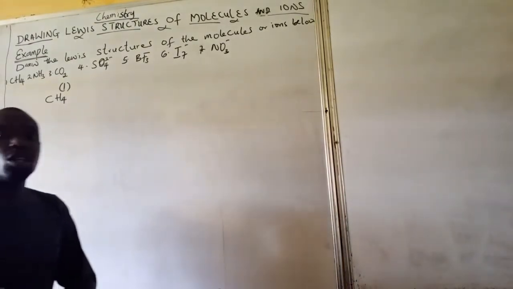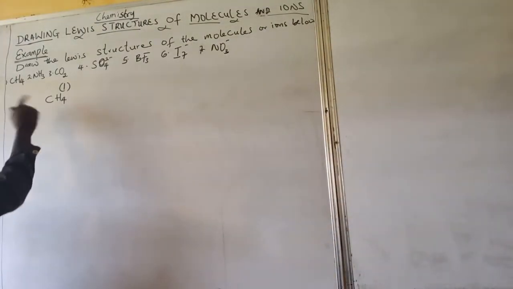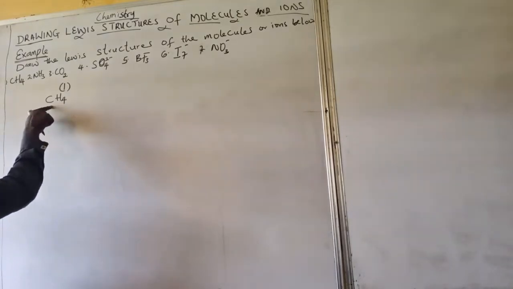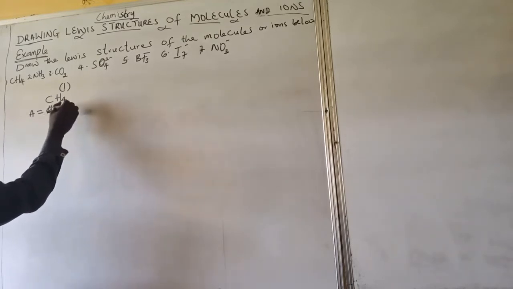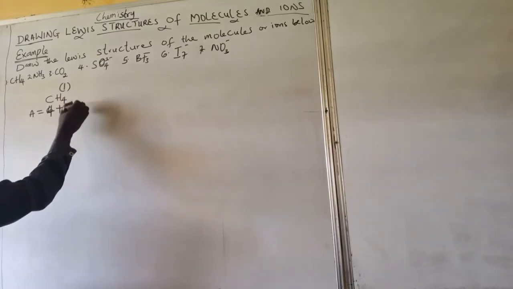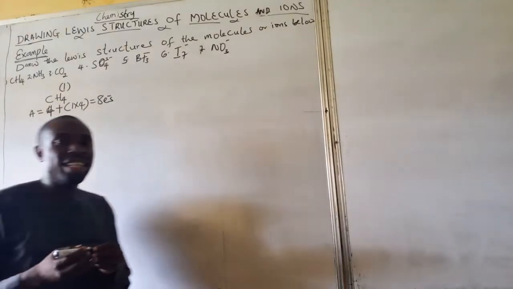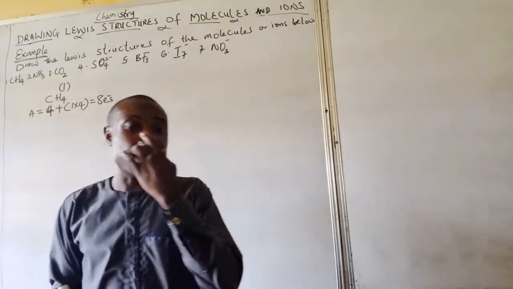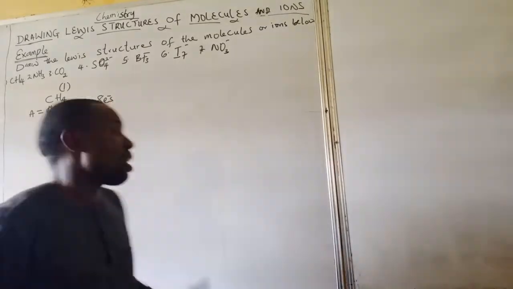We ask ourselves the first question: the magic number. And the magic number for methane, as I've told you earlier, is step 1. Carbon is 4 plus hydrogen is 1 times 4, everything gives me 8 electrons. Remember, I've told you earlier that the magic number can also be called the available electrons, as the case may be.